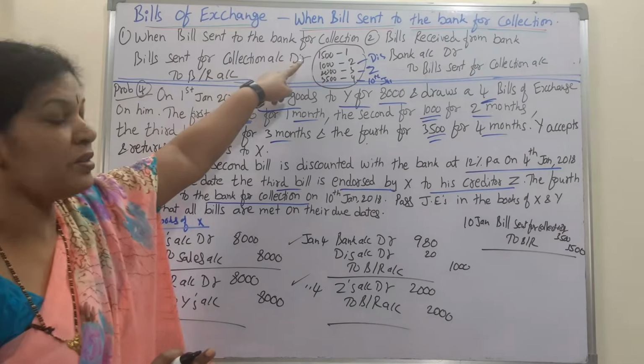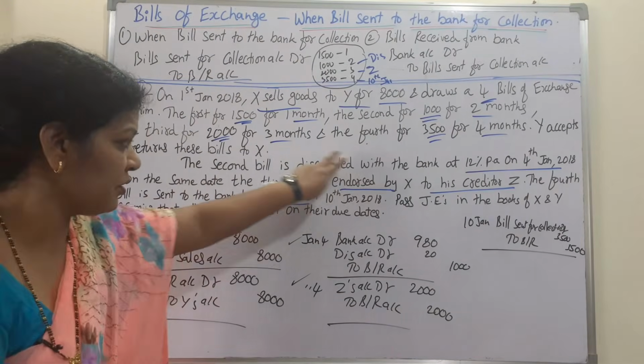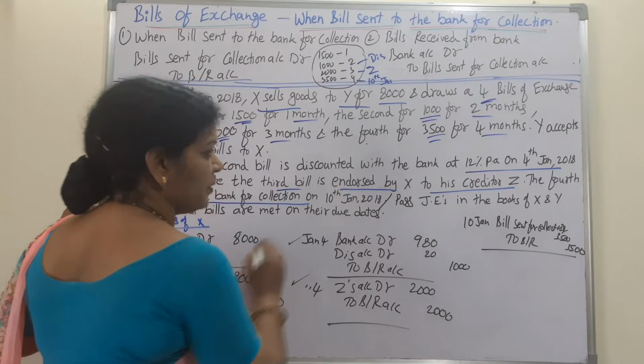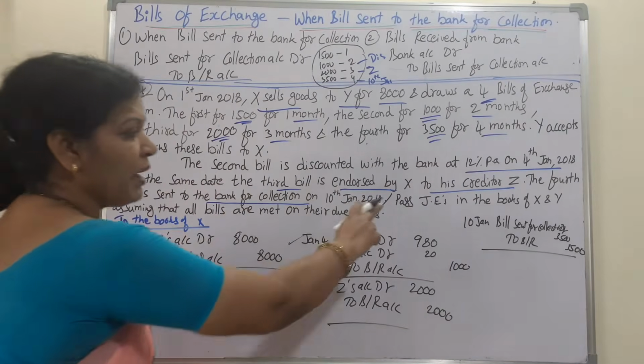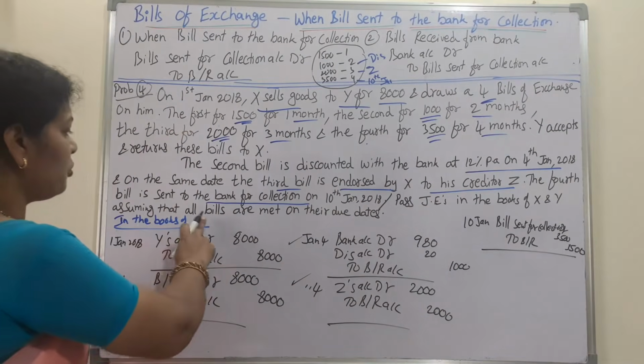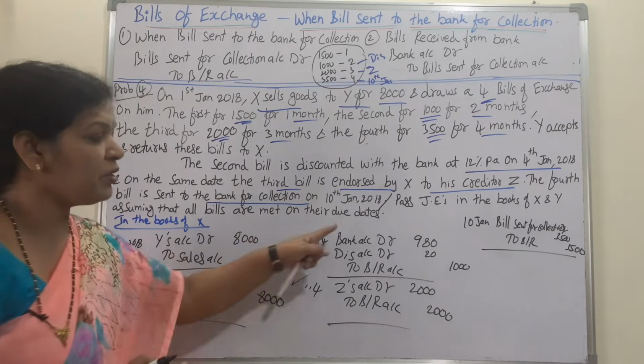After that, what happened? Assume that the transactions are over by this period. Pass the journal entries in the books of X and Y, assuming that all the bills are met on the due dates.